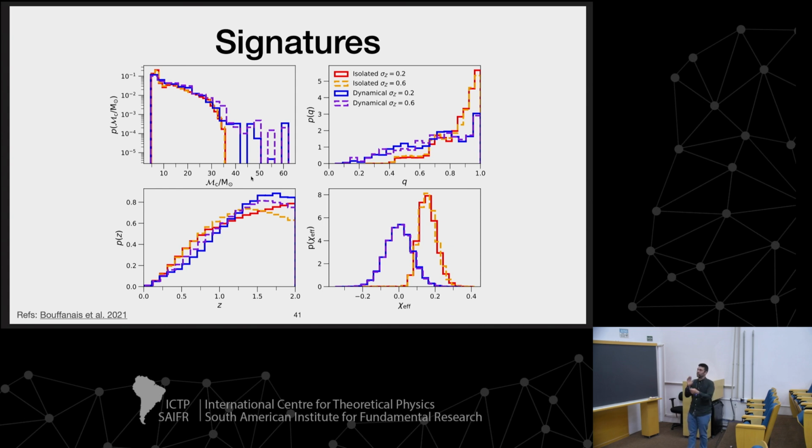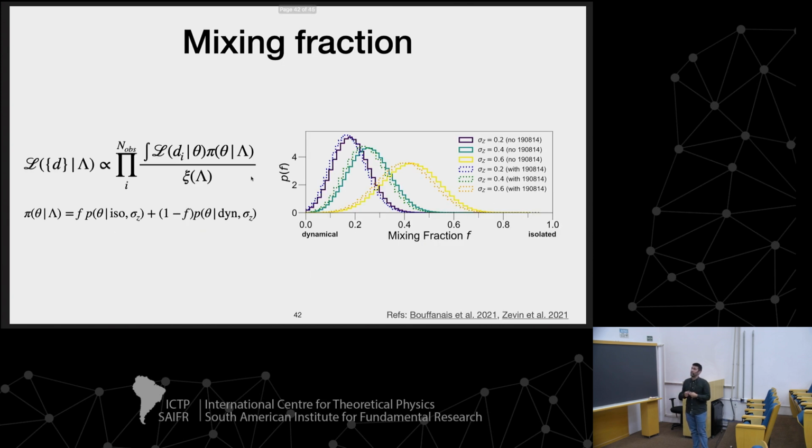So if you model your black holes either in the isolated or in the dynamical formation channel, you see that the two populations have different signatures. So you can ask yourself, can we evaluate a mixing fraction? You want to have an idea if you have a predominant formation channel.